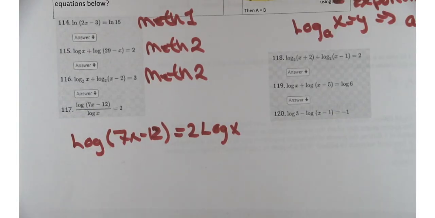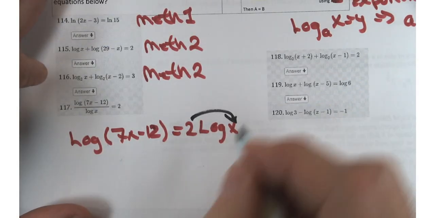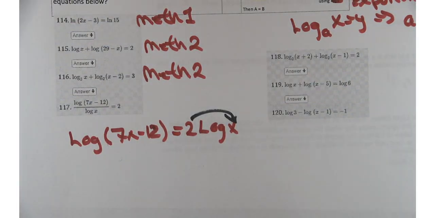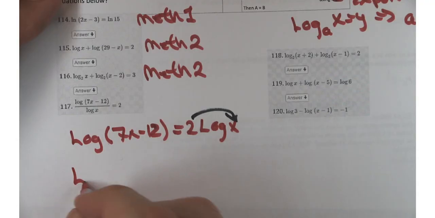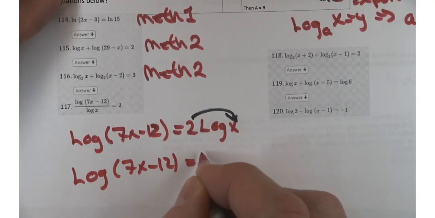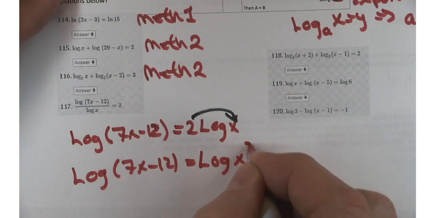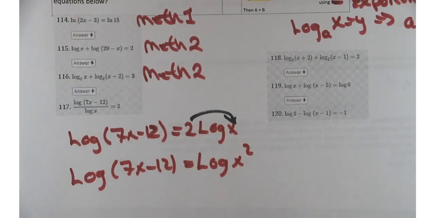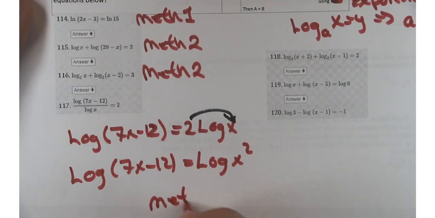It becomes method 1 when we use the power rule for logs. If I move that 2 into the exponent, now I've got log of 7x minus 12 equals log of x squared. Now finally that's method 1.